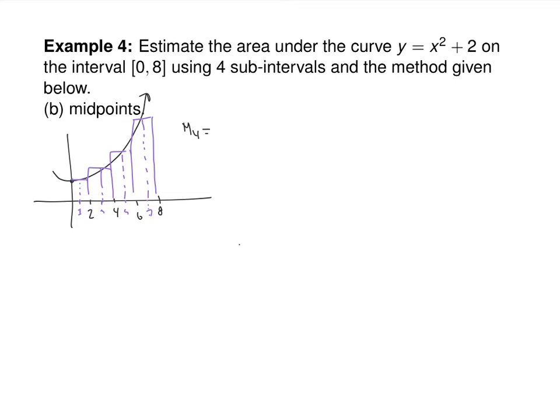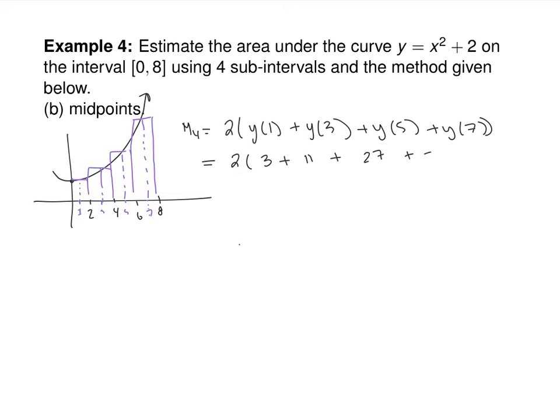And the width of every single box is still 2, right? So that'd be 2 times y of 1 plus y of 3 plus y of 5 plus y of 7. Does that make sense? So 2 times 3 plus 11 plus 27 and plus, I think, 51. Does that make sense?